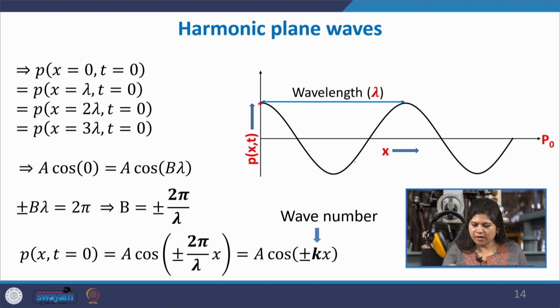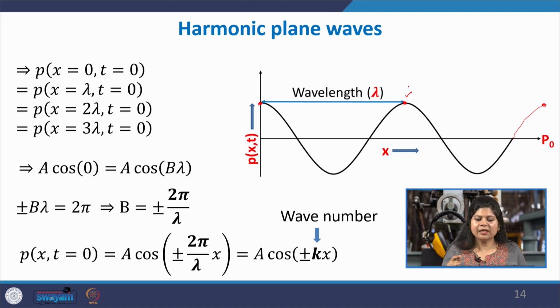That same thing repeats after a certain interval at this point. The pressure here is the same as the pressure here, and in the same way it is the same as the pressure here and so on. So, after every lambda we are getting the same pressure.